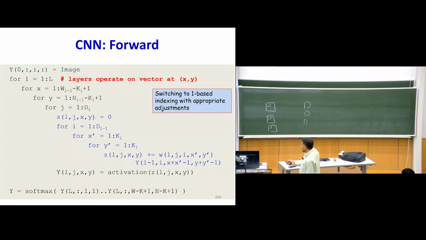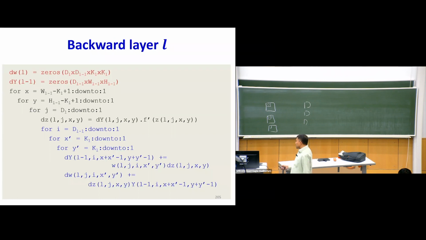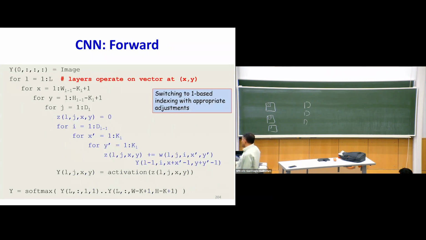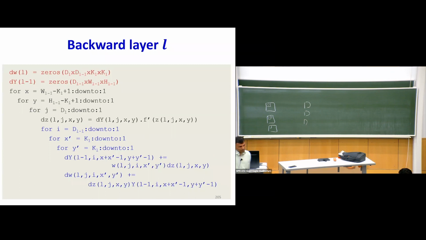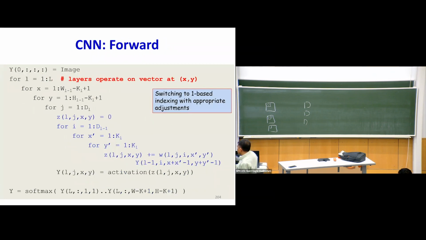within each of these, the last operation I performed was computing the activation, right? So the first operation I'm going to perform is to say the derivative for Z is the derivative of Y times the derivative of the activation, right? That's all I have done over here. Then within each loop, I went over all of the input channels, right?